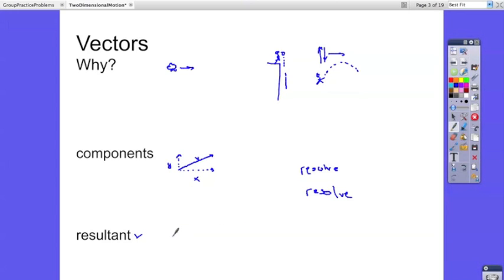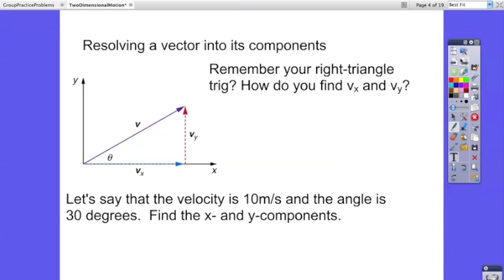And the resultant is the answer when we add vectors. So the first thing we need to do is learn how to take a vector and break it into its component parts. Resolve a vector into its components.